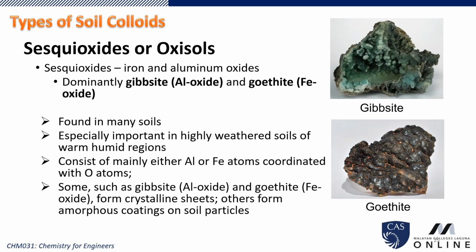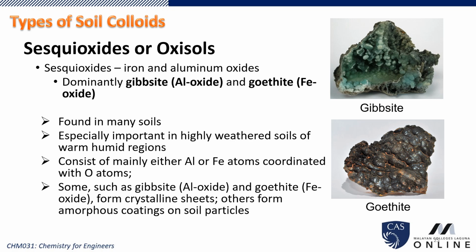We also have sesquioxides or oxisols, and these are iron and aluminum oxides. They are dominantly gibbsite in the form of aluminum oxides and goethite in the form of iron oxides. They are found in many soils, especially important in highly weathered soils of warm, humid regions.